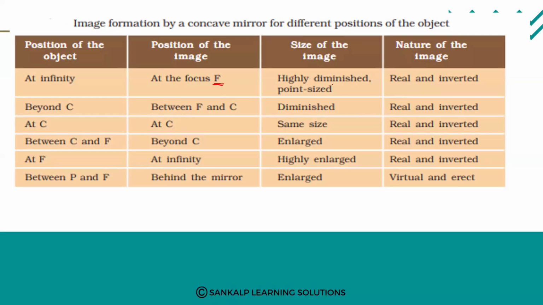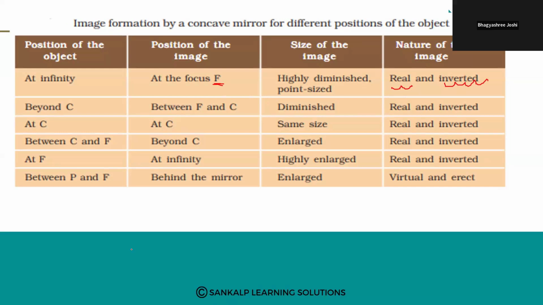Size of the image is highly diminished, point size. Highly diminished means it will be point size. Nature of the image is real and inverted. Okay, so when you place an object beyond C, what do you mean by C? C means it is center of curvature.